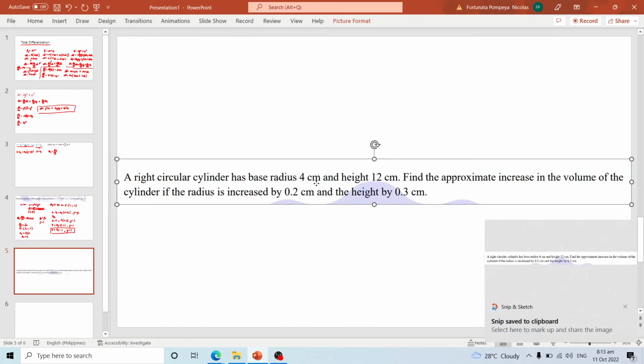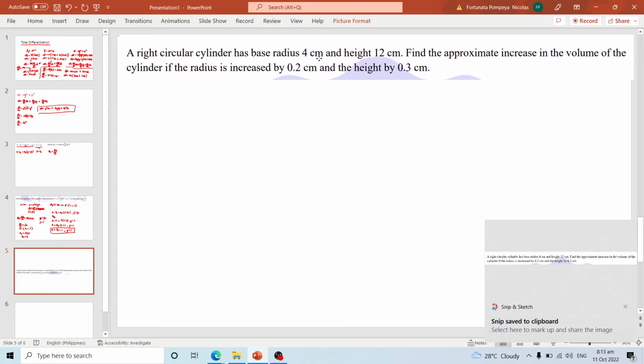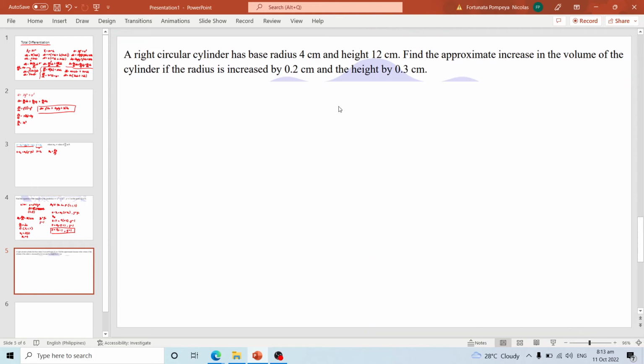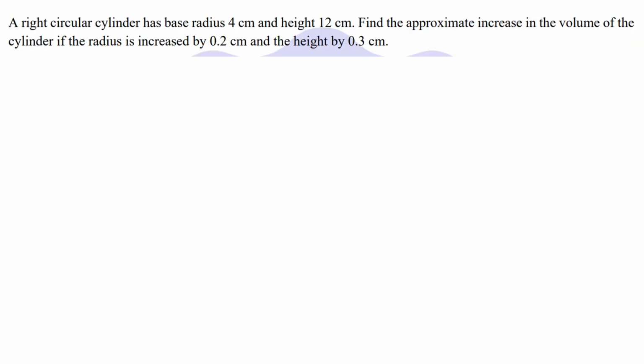Okay, so let's say we have a word problem here. A right circular cylinder has a base radius 4 cm and height 12 cm. Again, memorize the basic formulas.